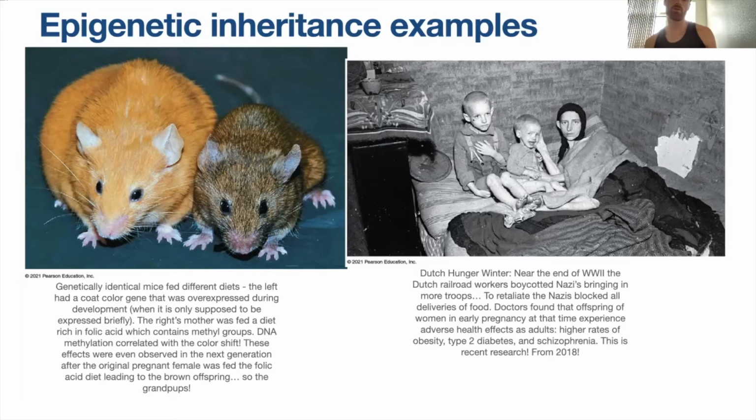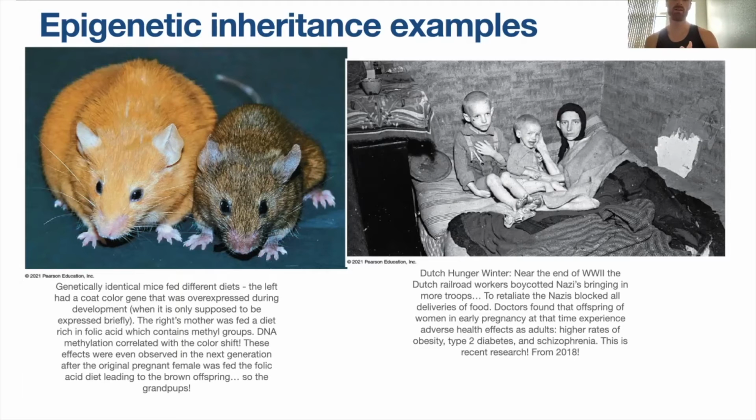The pregnant women who didn't die during this prolonged starvation period gave birth to their offspring, and recent research from 2018 compared offspring born during that period with those born to women who got pregnant shortly after or before.